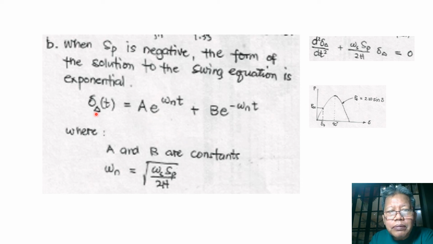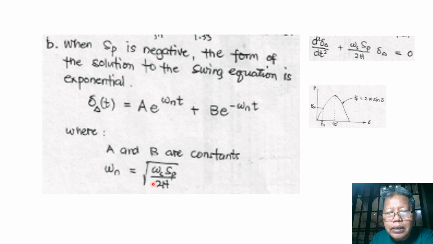So we have the form of solution delta delta equal to A times e to the omega n t plus B times e to the minus omega n t, because our roots are real and they are distinct, they are different. One is positive, the other is negative. So this is the form of the solution, where A and B here are constants to be evaluated, and omega n is the root.